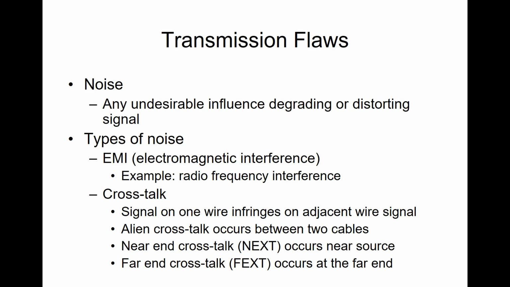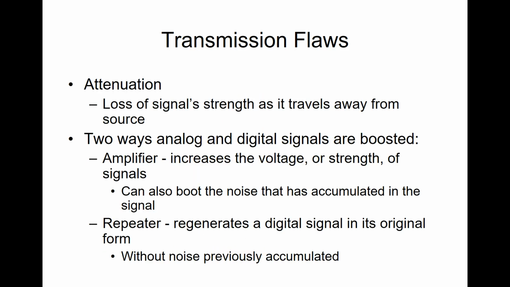The other thing, of course, is we know that the signal gets weaker the further it goes. So your car headlights only go a short distance and then they start to fade out. Well, the same thing with anything we send. We have to have some way to deal with that signal loss. And there's two ways we can do it.